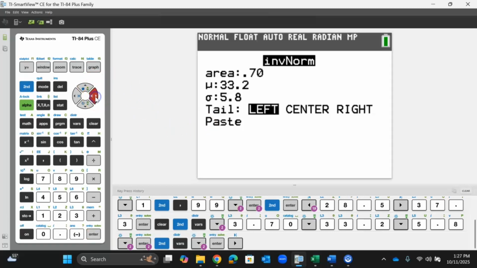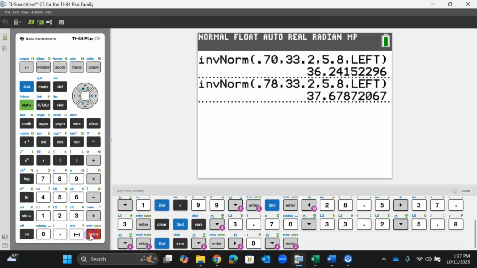But in this instance, we were interested in the area to the left, which was 78%. I'm going to leave this as left, paste this in, and we find that the boundary line falls around 37.68 seconds.